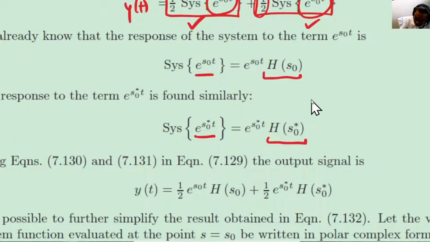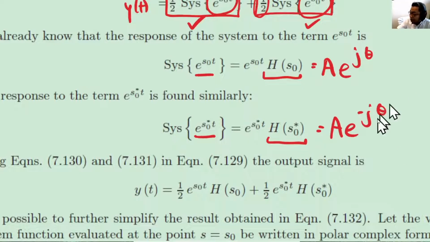Now what you will see later on, if you apply that, is that this would have a gain of, for example, A e to the j theta. For this one, it will be A e to the minus j theta, the complex conjugate on the phase. The gain, the magnitude, is the same.